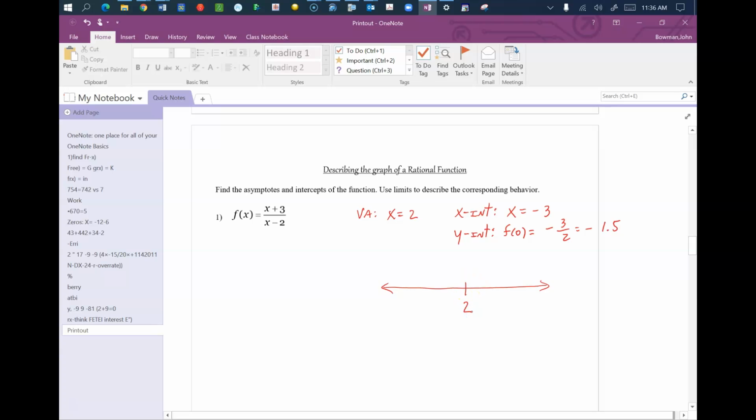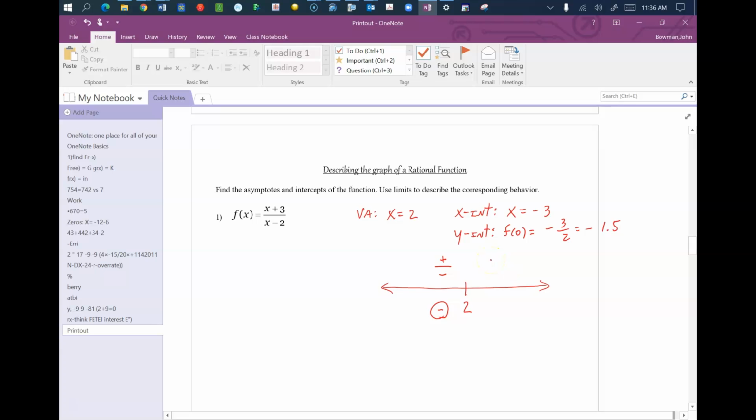We want to see what happens on either side of x equal 2. So let's plug a number less than 2 in, like 1.9. 1.9 plus 3 is going to be positive. 1.9 minus 2 is going to be negative. So to the left of x equal 2, our graph is going to approach -infinity.